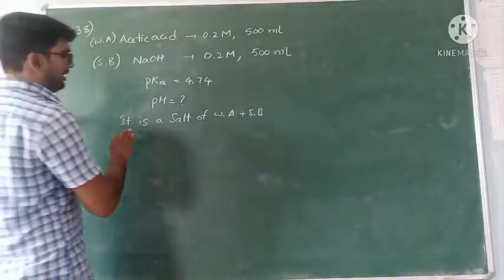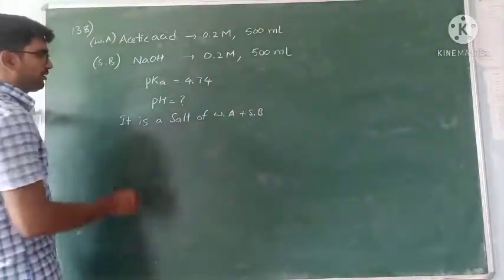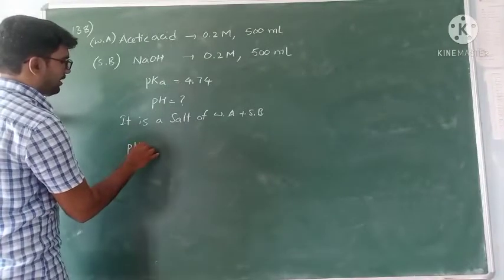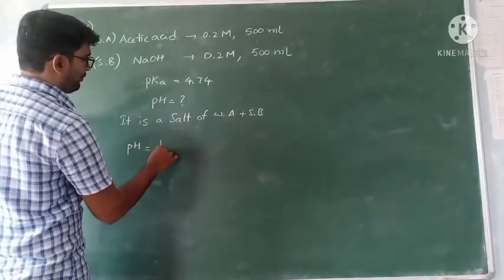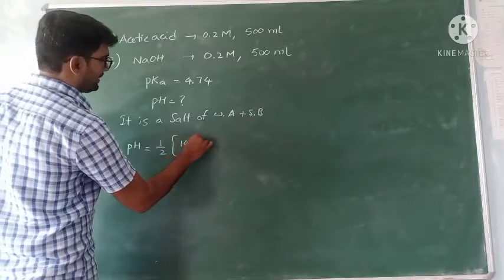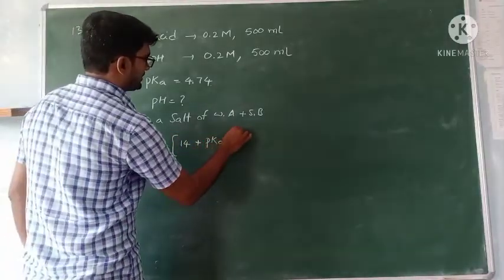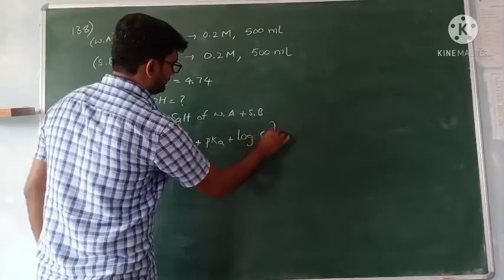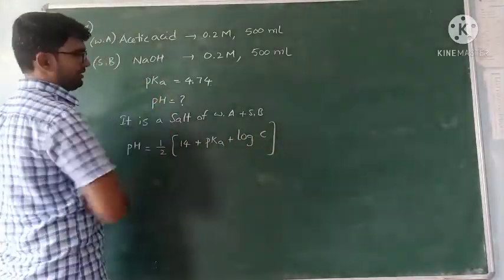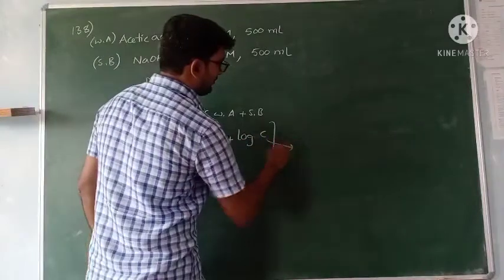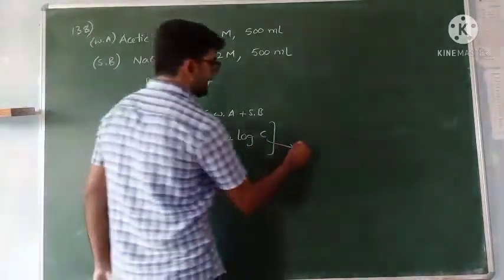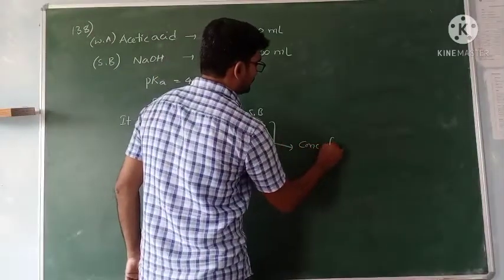Okay, for salt of weak acid and strong base, what is the pH formula? pH is equal to 1/2 into 14 plus pKa plus log C. pKa value we know, but log C, what is the C value? C value means concentration of salt.